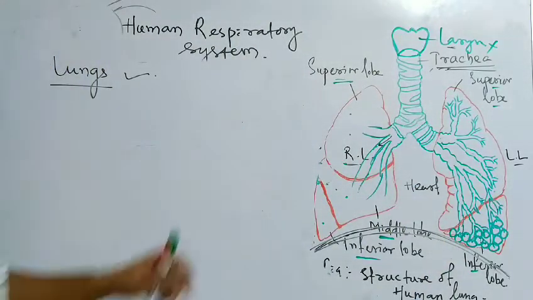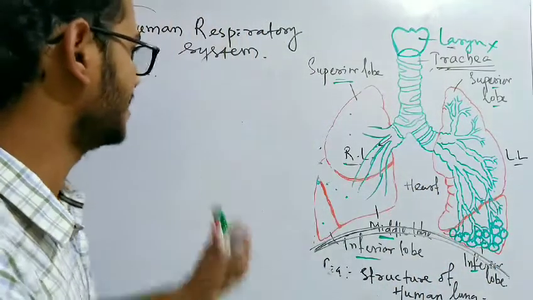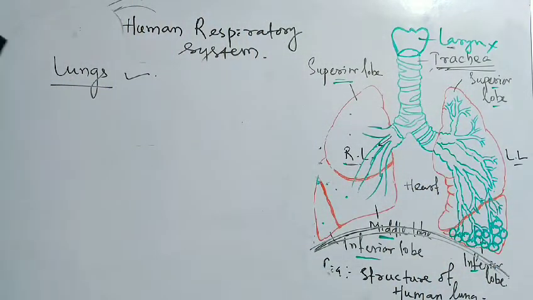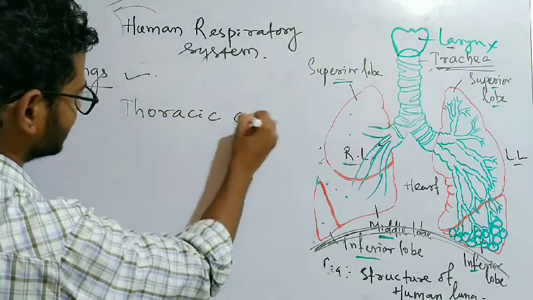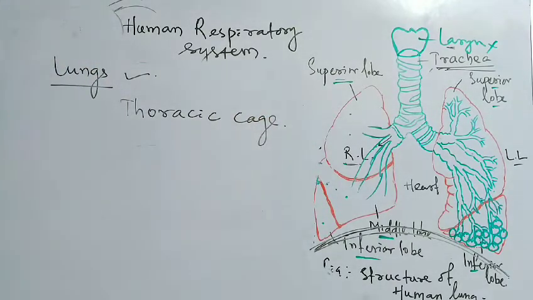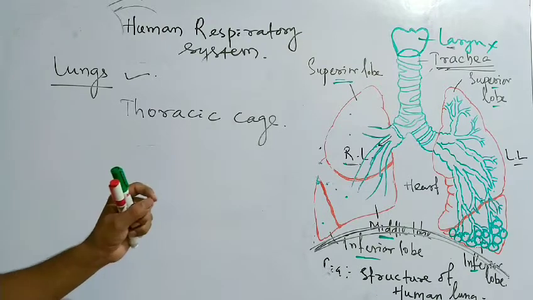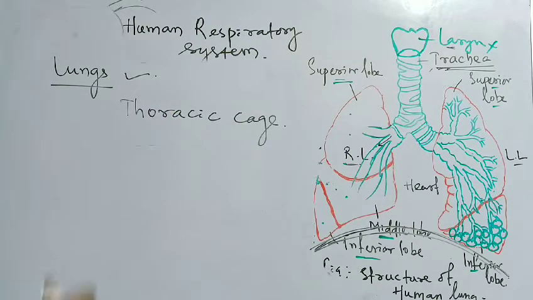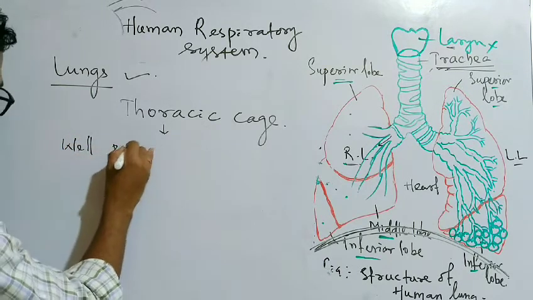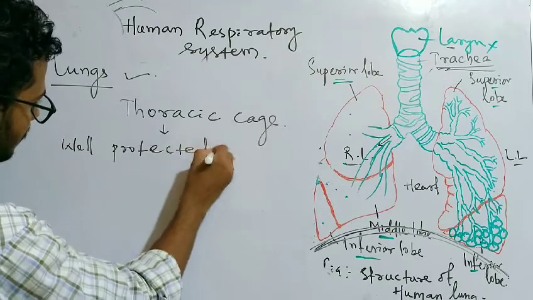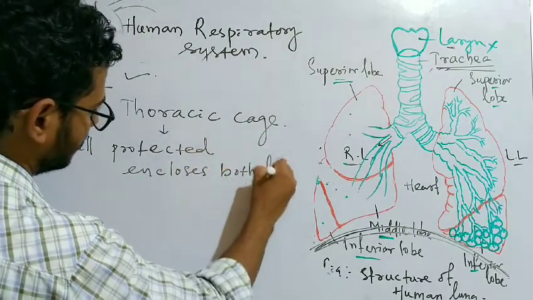So the lungs are present in a very safe place, as I have told you, in the thoracic cage. This thoracic cage is a well protected compartment enclosing both lungs.